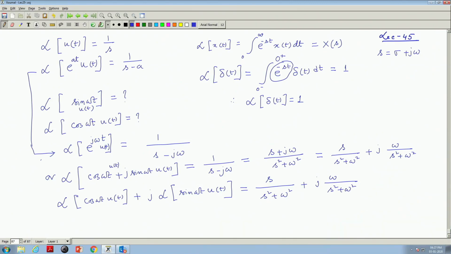Therefore, the real parts will be the same, and the imaginary parts, if you equate, you will get the same results.